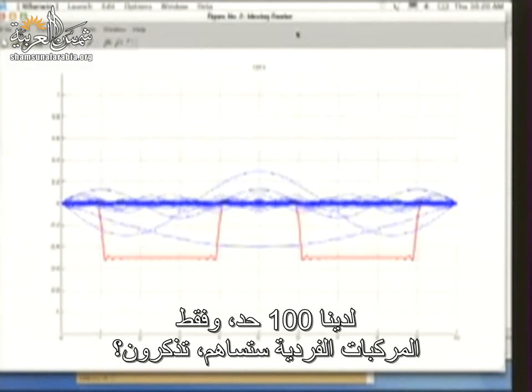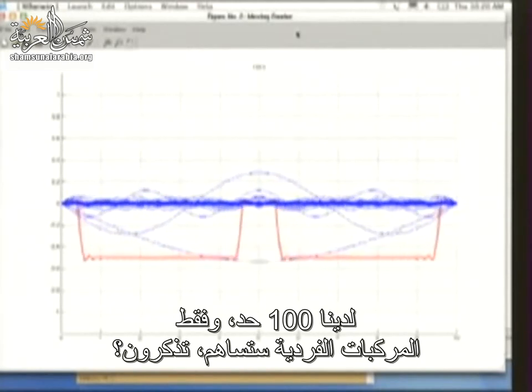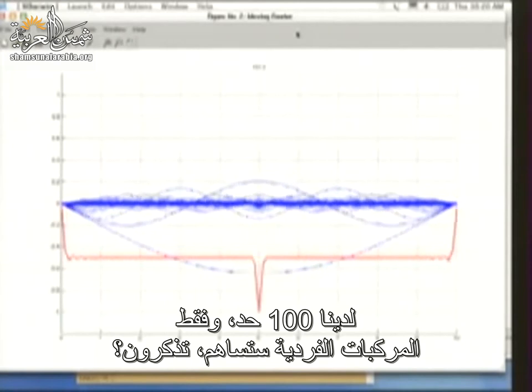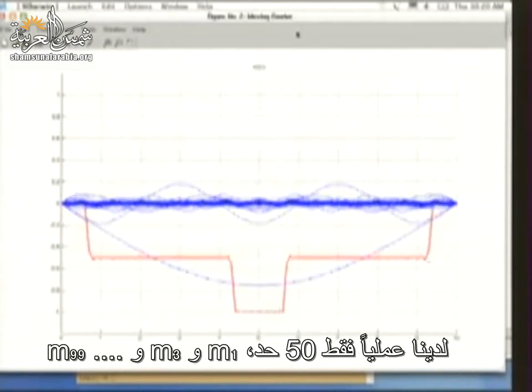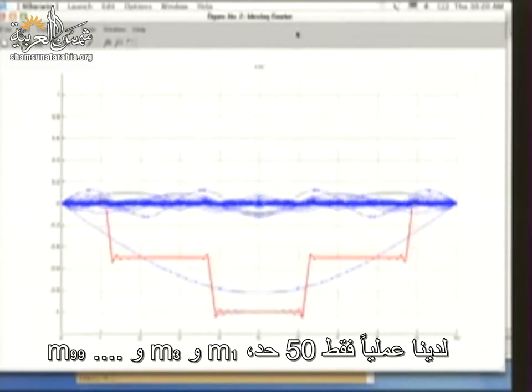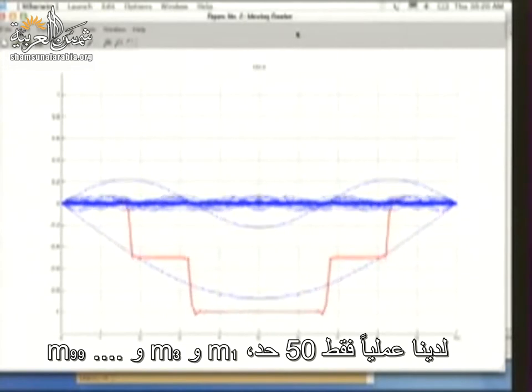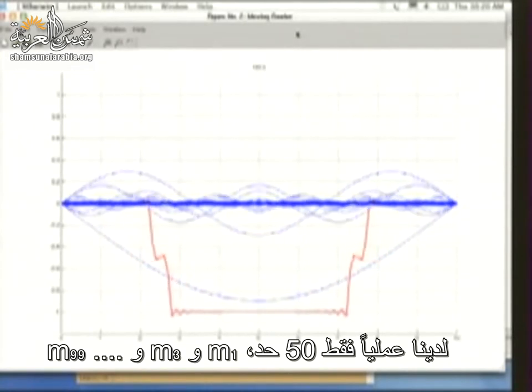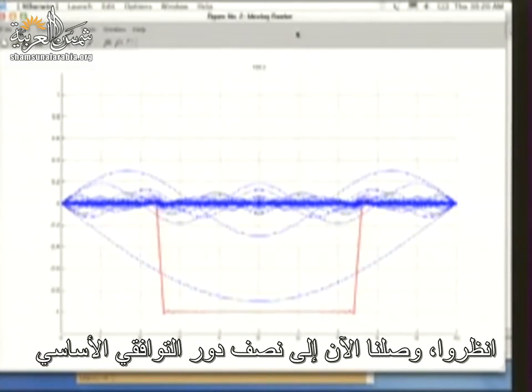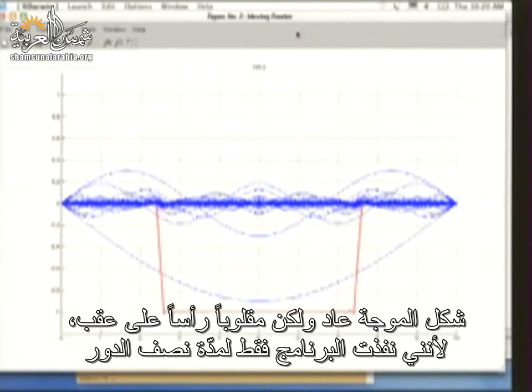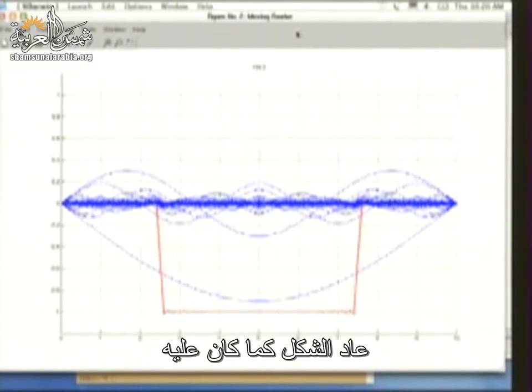I have 100, and only the odd ones contribute, remember? So we effectively have 50 terms: n=1, n=3, n=5, all the way to n=99. And so look, this is 1/2 period of the fundamental, and your shape is back. Well, upside down, but that's because I only ran it half a period. The shape is back to what it was.